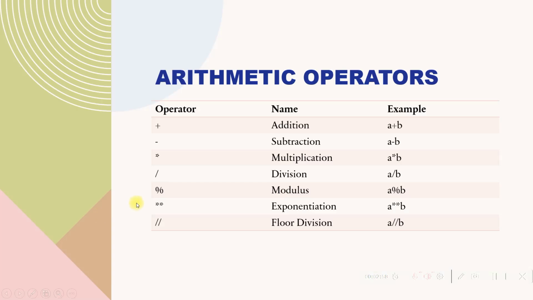Then we have the next operator, which is the exponentiation operator. When we write a double asterisk b, this double asterisk is the exponentiation operator, and it means a raised to the power of b.